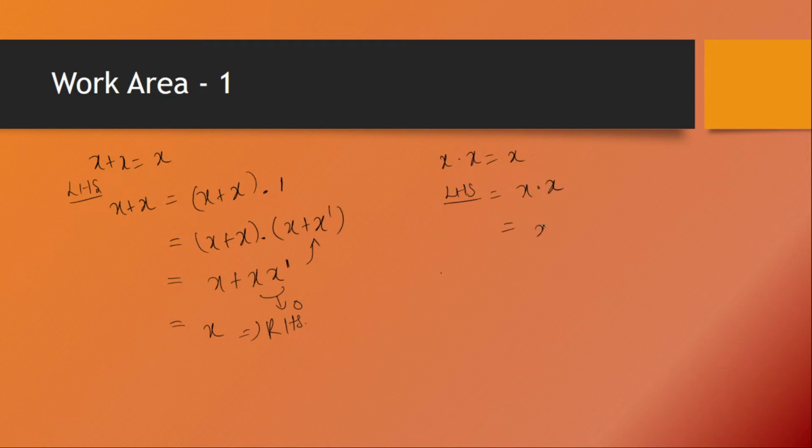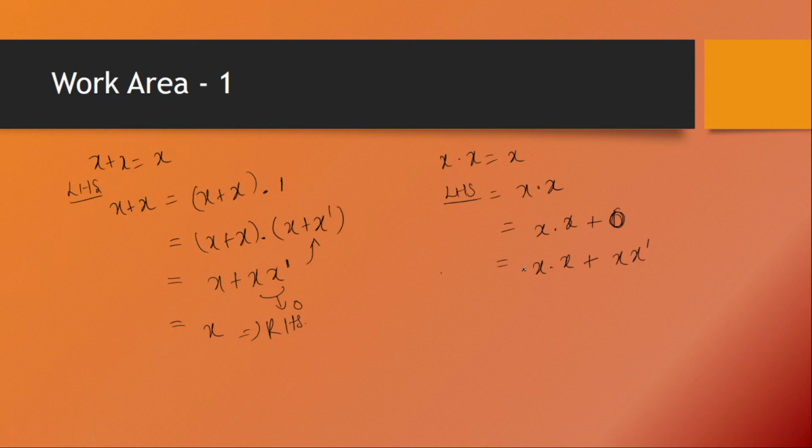Now this x dot x can be replaced with x dot x plus 0. We know that anything OR 0 gives that same value. So this 0 can be replaced by x x dash.